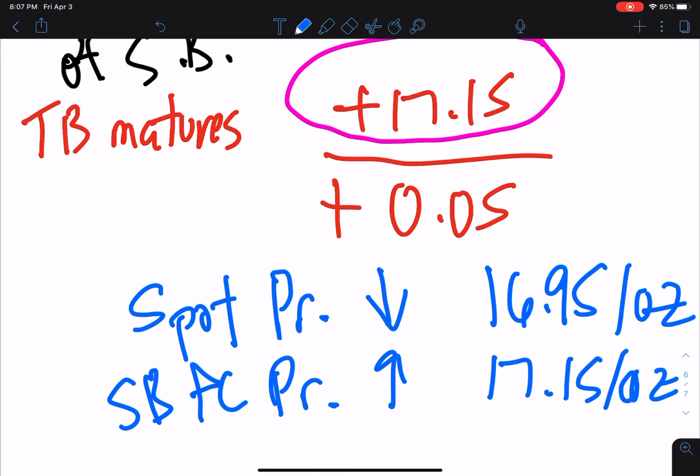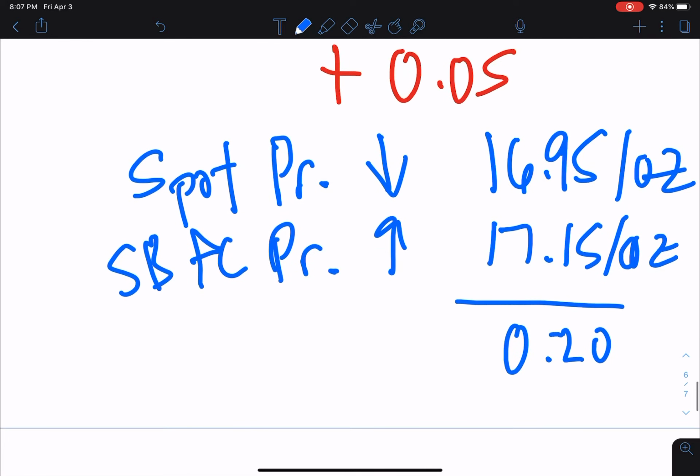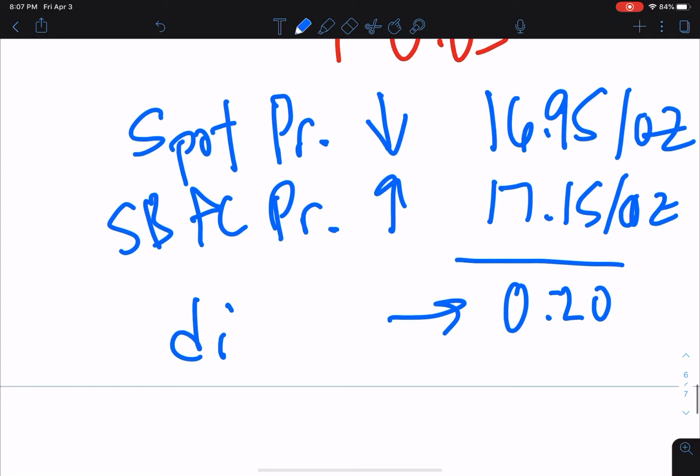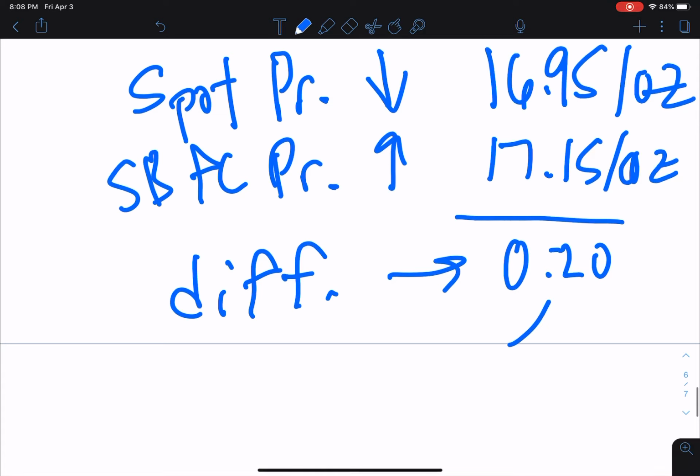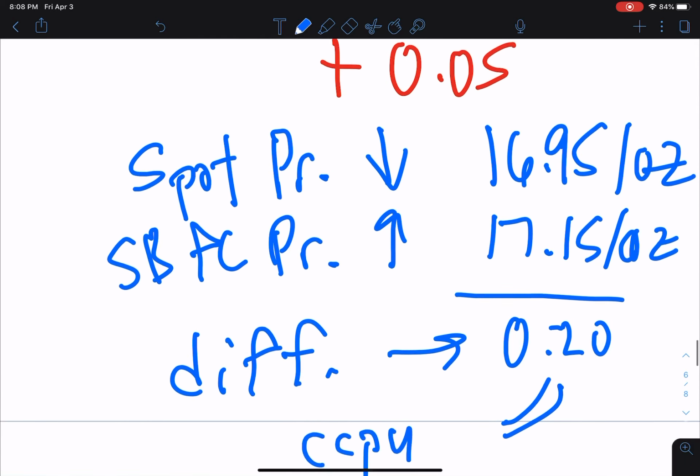Why is that an equilibrium? Well, because the difference here is 20 cents. And that 20-cent difference between the price of the spot asset and the futures contract price is equal to the carrying costs per unit. Okay? And so that's where the arbitrage profit disappears.